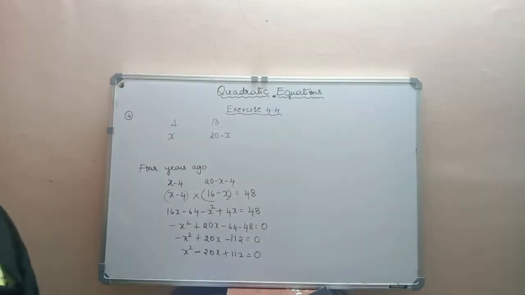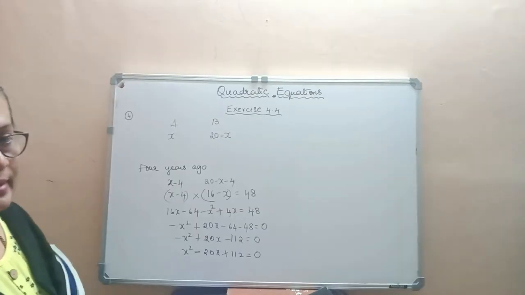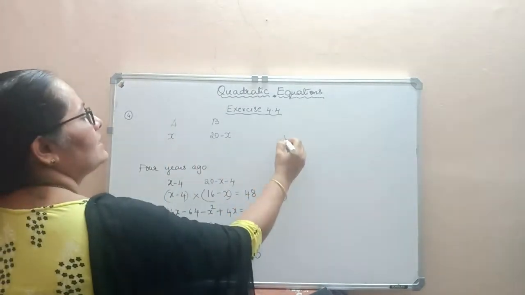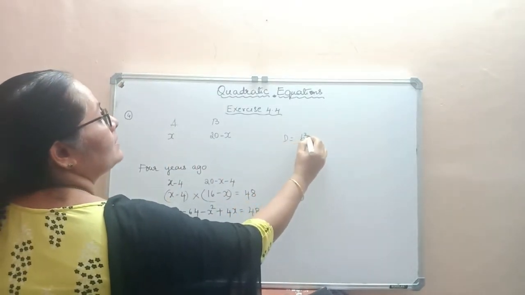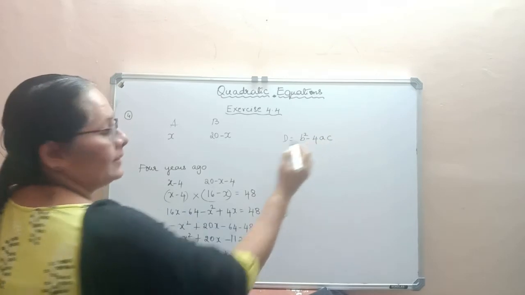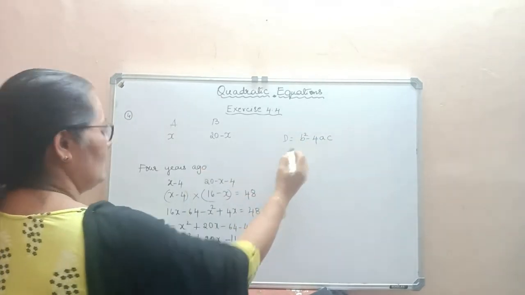Now you have to check whether it is possible or not. So what we do? First we'll find the discriminant. The discriminant equals b square minus 4ac. So what is b here?